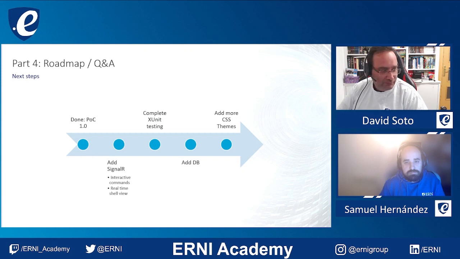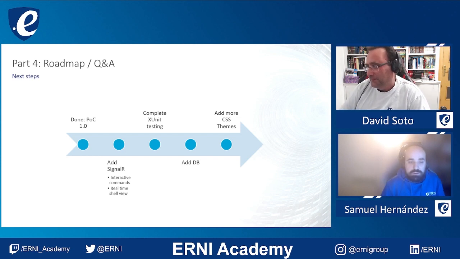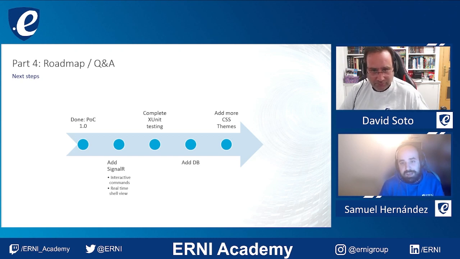So these are some of the steps that we want to follow in the future. The most important, I think, is the first one, SignalR. That is a library that will allow us to implement the interactive commands, because we will be able to see in real time the execution of the backend in the front.